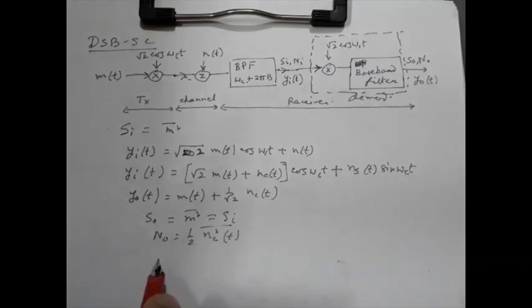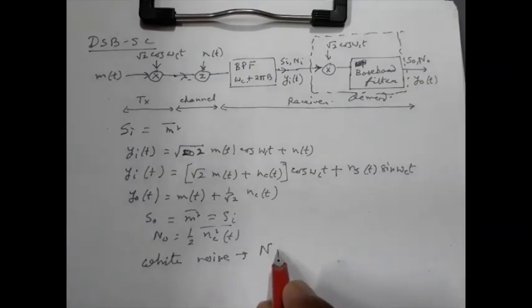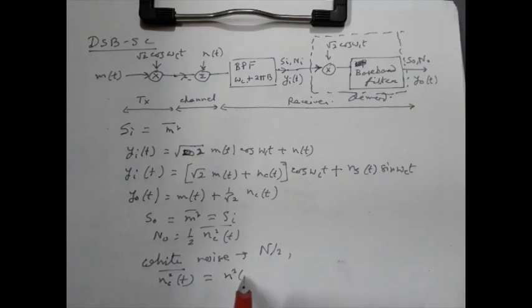Now assuming the white noise, the power spectral density is n by 2, so we can write NC square t bar, that is equal to n square t bar, equal to twice n b.